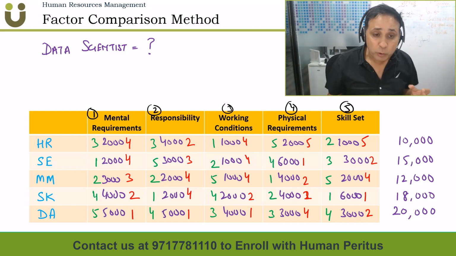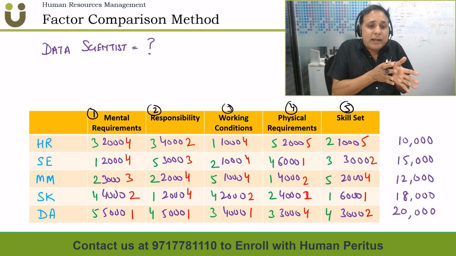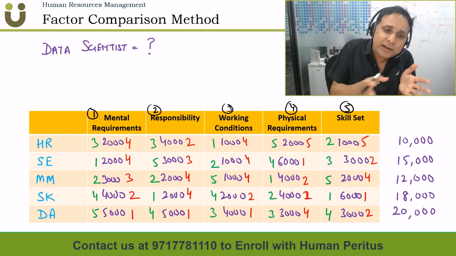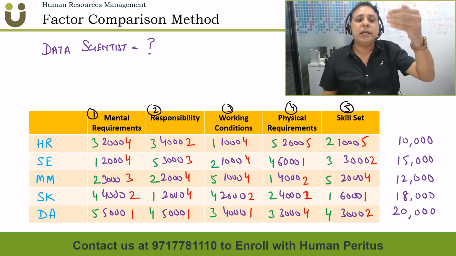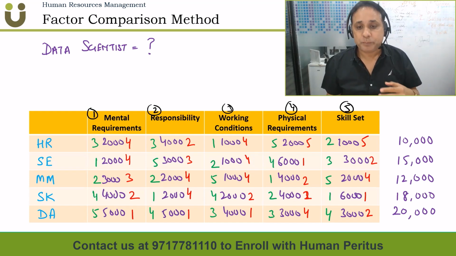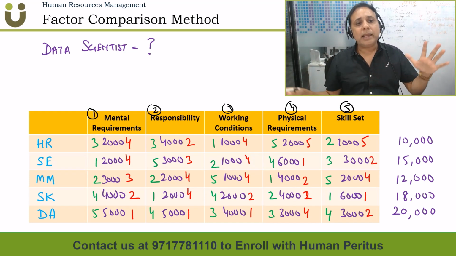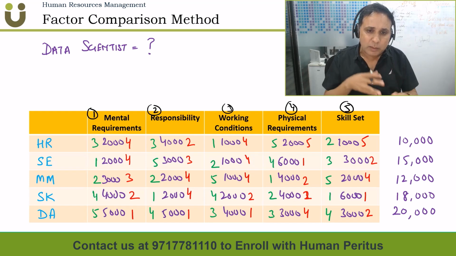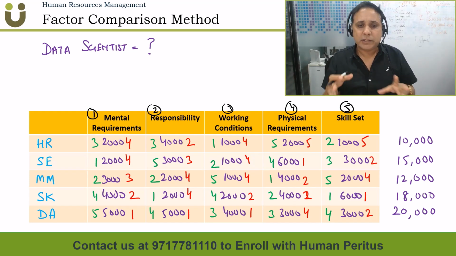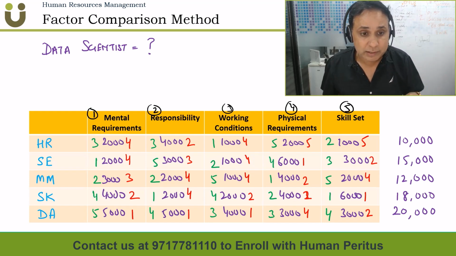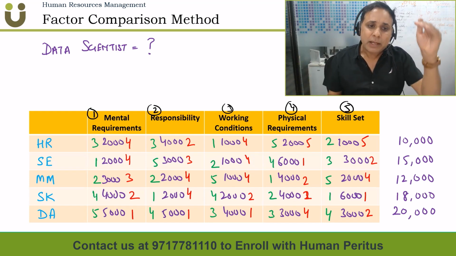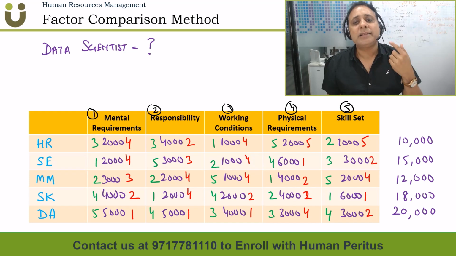Now what do you do? You compare the rank in green and in red. Ideally they should be the same. If they are not the same, then I sit down again with a team of analysts, or whatever my core team is that is doing this exercise, and handle this inconsistency.